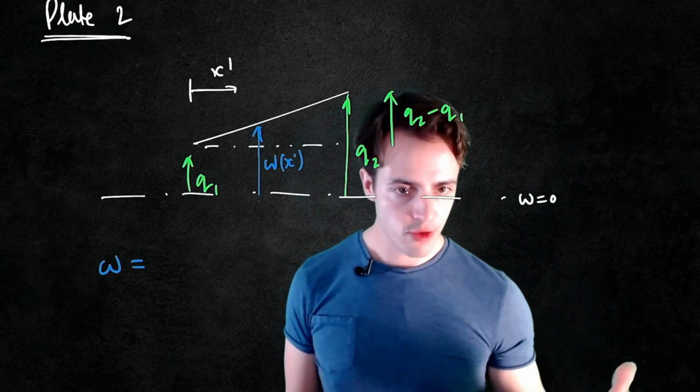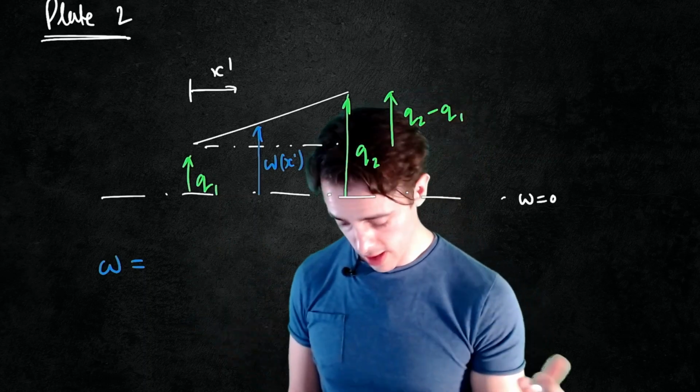So again, from similar triangles, we can see that W is just a linear variation.